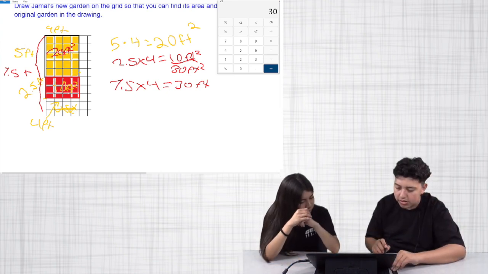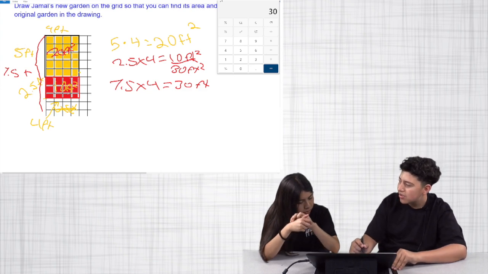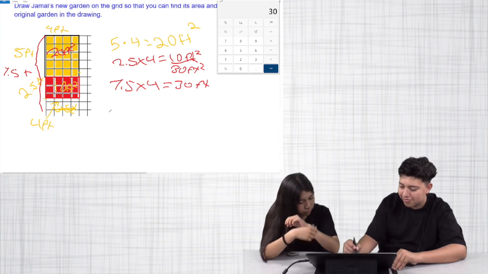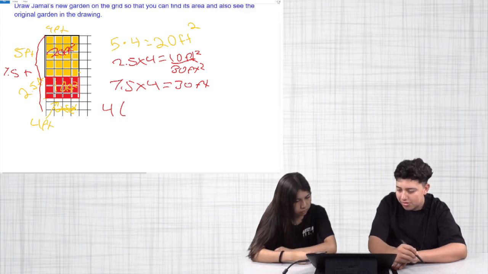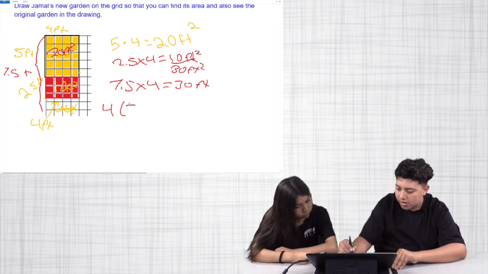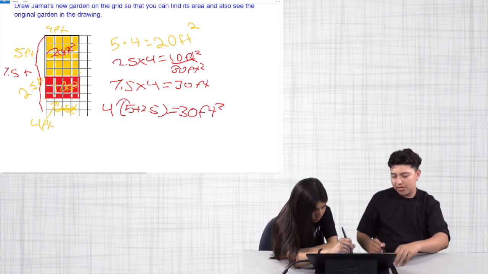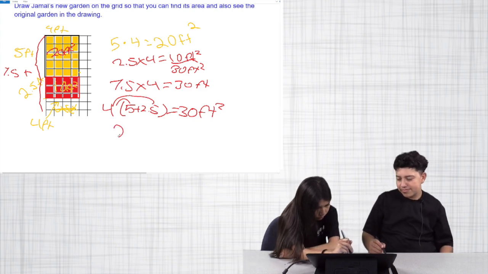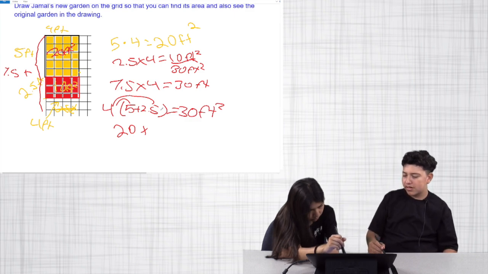We could have made, you know how we did the parentheses too? Oh, yeah. So it was 4, parentheses, 5 plus 2.5, equals 30 feet squared.